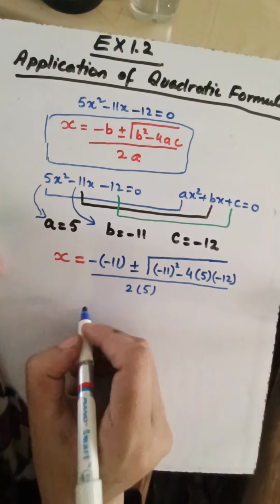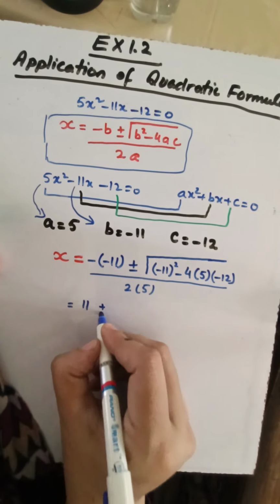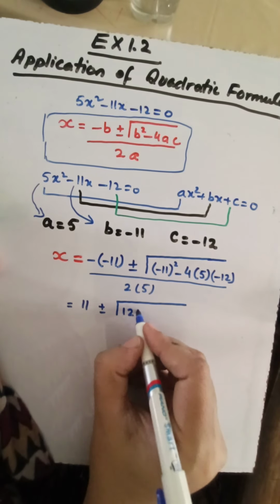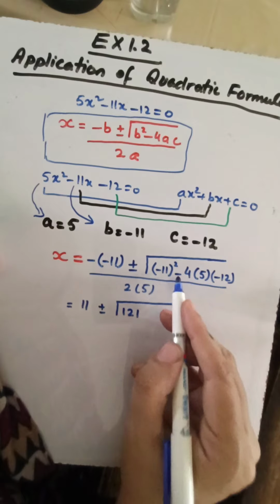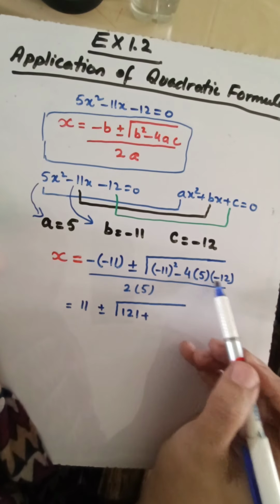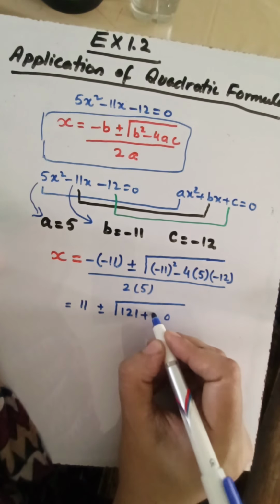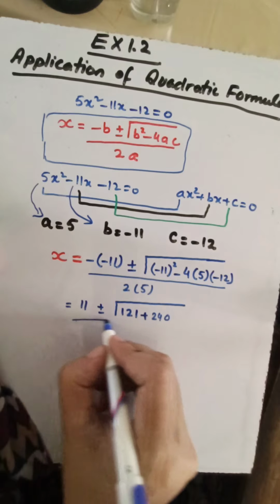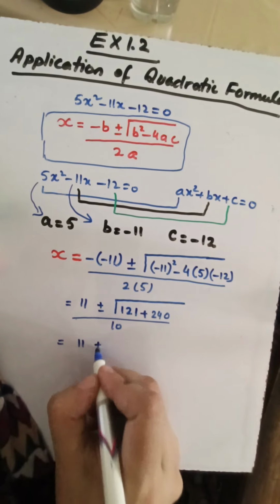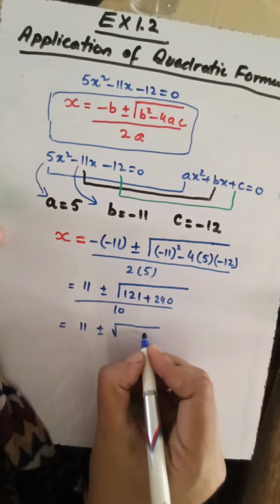So this will be positive 11 plus minus the square root of, we know that 11 square is 121, minus minus will be plus, 4 into 5 into 12: 5 into 12 is 60, and 60 into 4 will be 240, over 10.